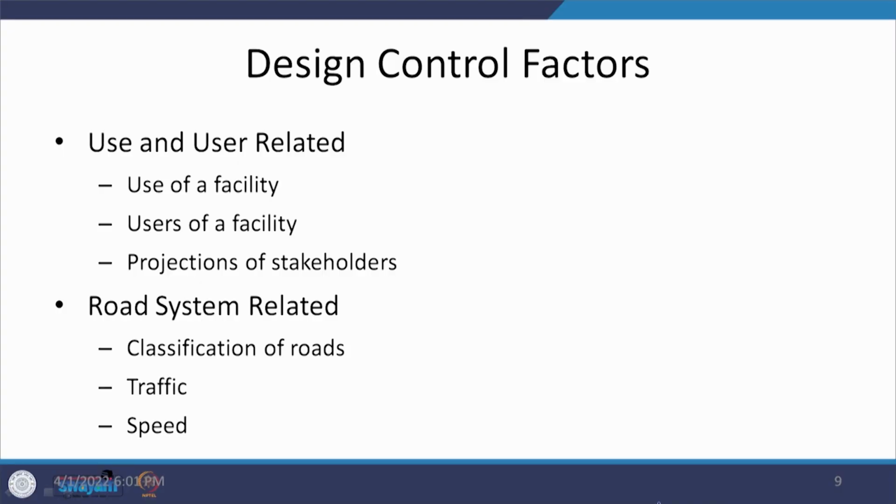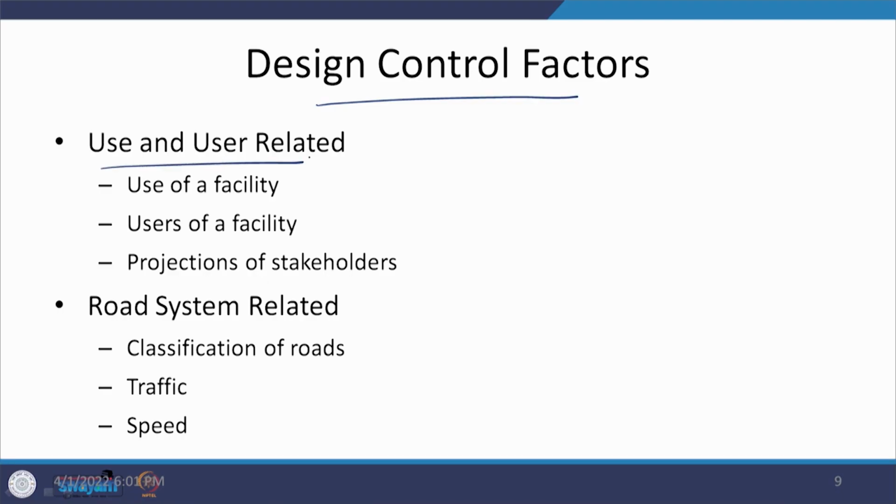Now, let us look at what the various design control factors are. What I have done is that I have first of all categorized these design control factors, and then we are going to talk about these factors one by one in this interaction as well as the interactions to follow.